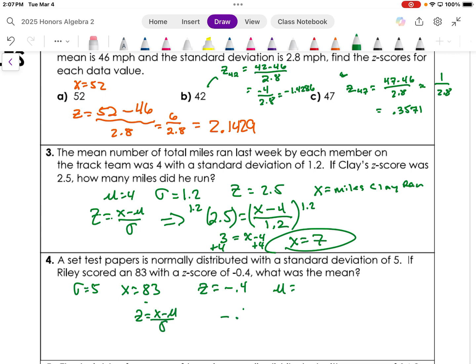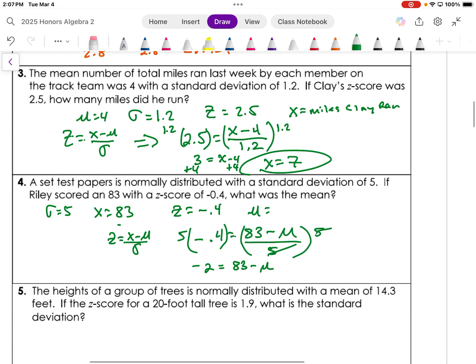So negative 0.4 equals 83 minus mu over 5. So the first thing we're going to do is multiply both sides by 5. That gets rid of it there, and I get negative 2 equals 83 minus mu. I'm going to subtract the 83 across.